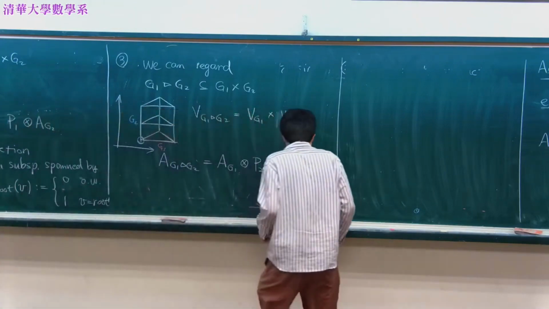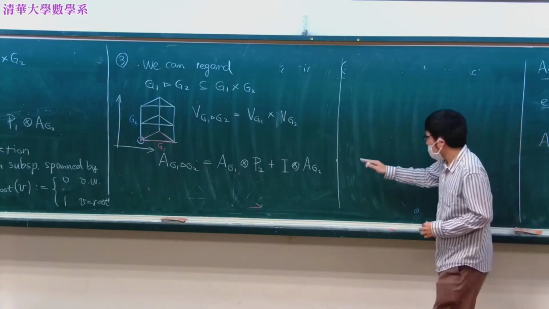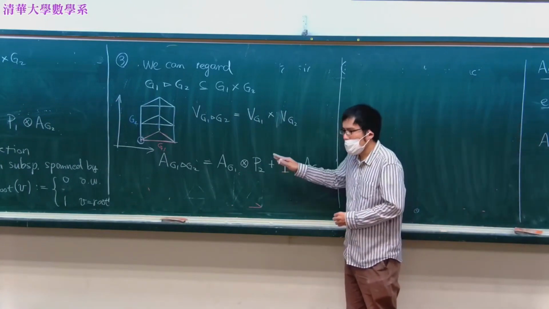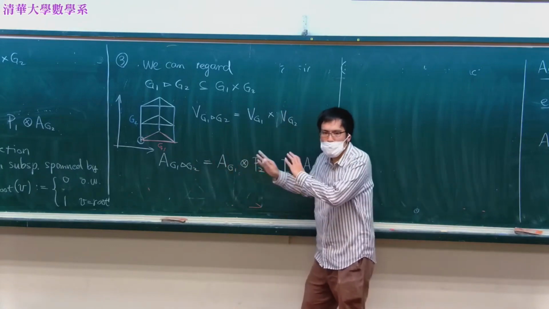Okay, then now I will go to computing the eigenvalues of such an adjacency matrix of a product of graphs.